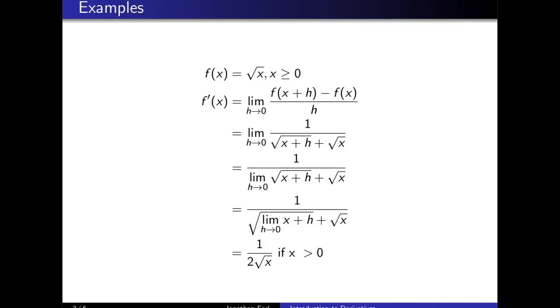So the limit as h goes to 0 of x plus h is just going to be x. So what we wind up with is 1 over 2 square root of x. But that only works if x is positive. Again, if x is 0, the function is perfectly well defined, but the derivative does not exist. Okay, so that's one interesting example where the function is defined, but the derivative does not exist.